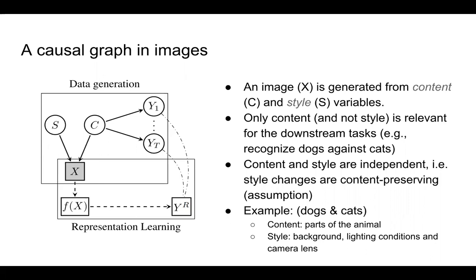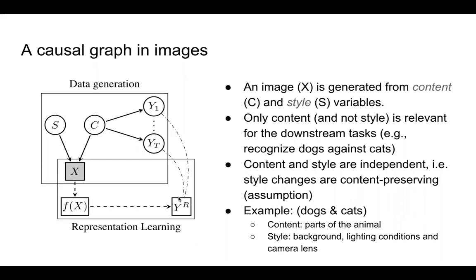But we only focus on the animal, the dog or cat itself, and the environment is kind of style. And the style can contain things like the color, like the lens of the image. But what we are interested in is only the content, and suppose our task is to recognize dogs and cats.